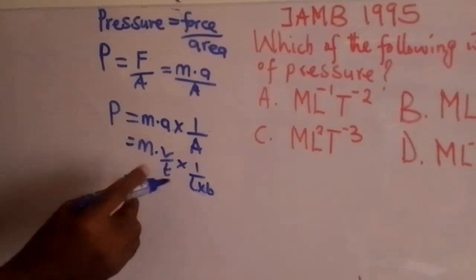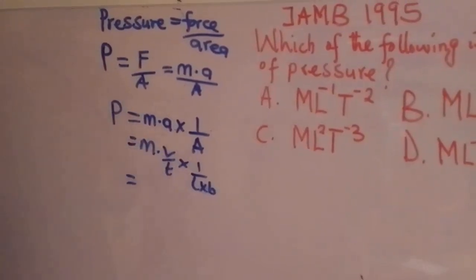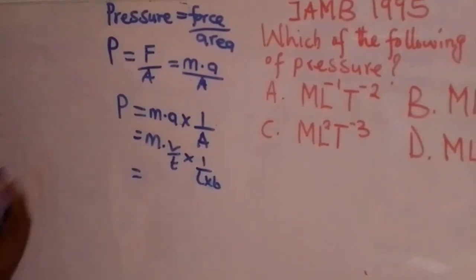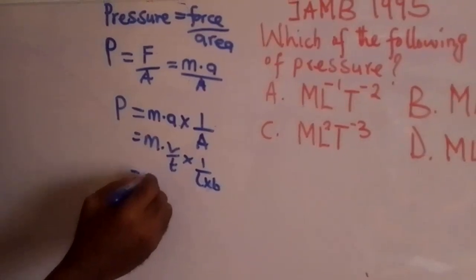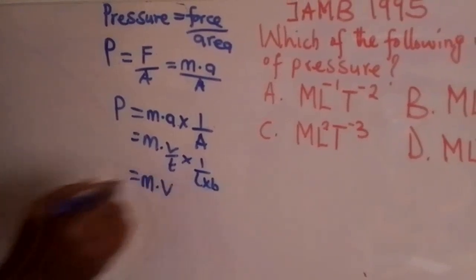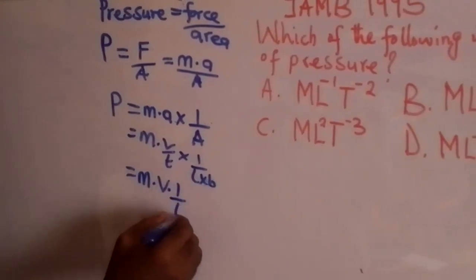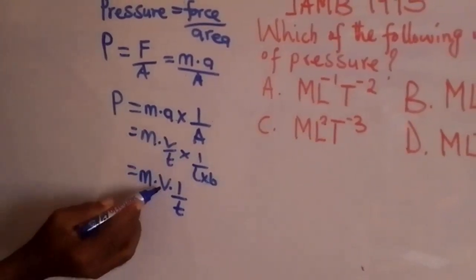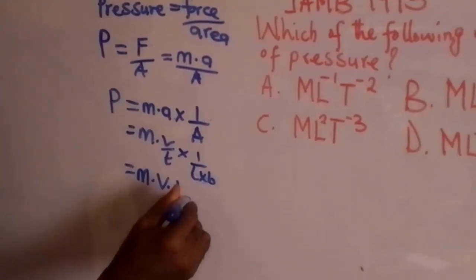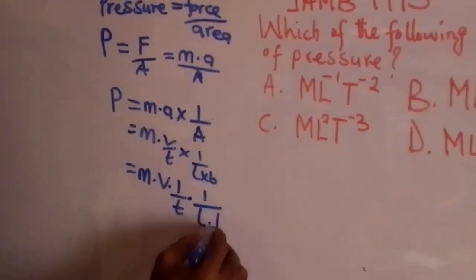Just break it down until you remove all the derived quantities from this expression and replace them with any correct basic quantity. Mass is a basic quantity, I won't change it. Times velocity, which is a derived quantity. Times 1 over t. You know that v over t is the same thing as v times 1 over t. So that's all I've just done. Times 1 over length times breadth.